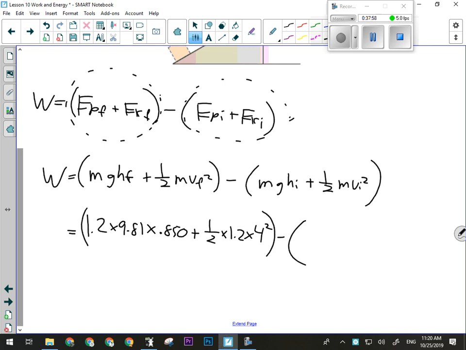Then I'm going to subtract, well, what's my initial potential energy? 0. Do I need to bother going mass times gravity times 0? It's going to be 0, so I'm not going to do that. But I do have some initial kinetic energy, so 1/2 times 1.2 times 1 squared, because they did say at the bottom of the ramp it was moving at 1 meter per second.